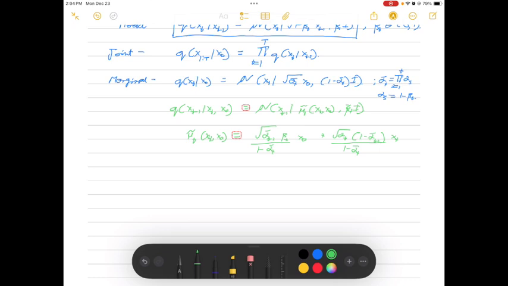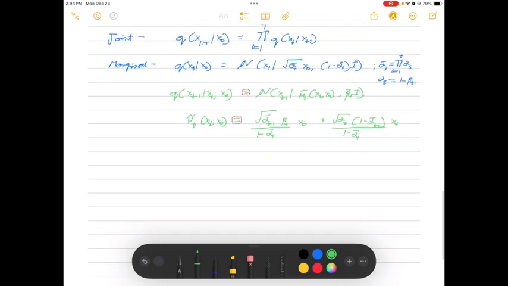This might look a bit complicated at first, but essentially what this is saying analytically is the mean is a noisy interpolation of the initial sample and the previous perturbed sample.